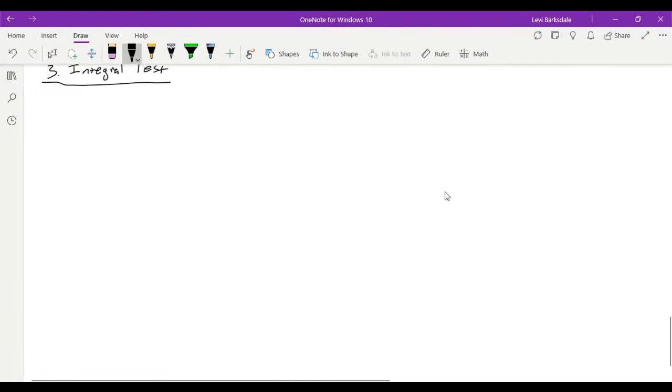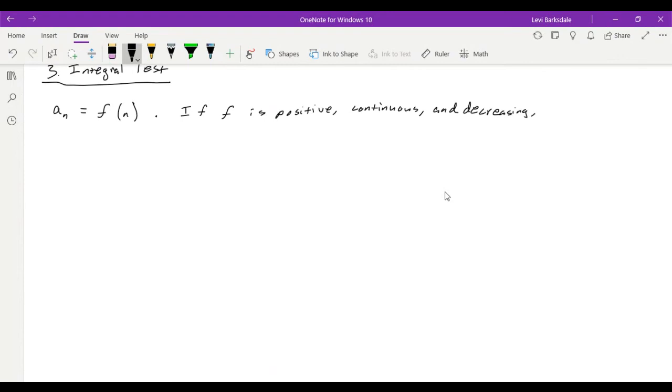It's based off of, you can say, if your function f is positive, continuous, and also decreasing, so all three of these need to be met, then you can say that the sum from n equals 0 to infinity of your sequence a sub n and the improper integral of f of x dx either both converge or they both diverge.